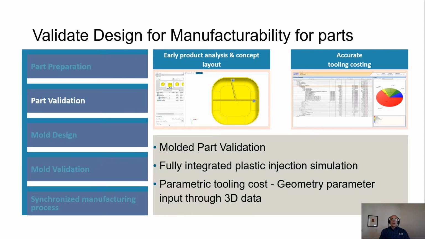So with the integrated application for tooling costs, you can calculate that with Feature to Cost. And with Feature to Cost, it doesn't matter if it's plastic or sheet metal. There's two different options in there. You can get some costing off of that. So it's going to give you wall thicknesses. It'll show you different features of your ribs for plastic.